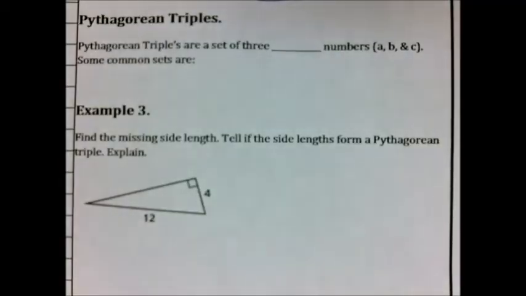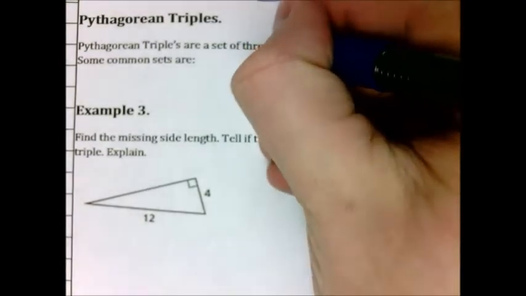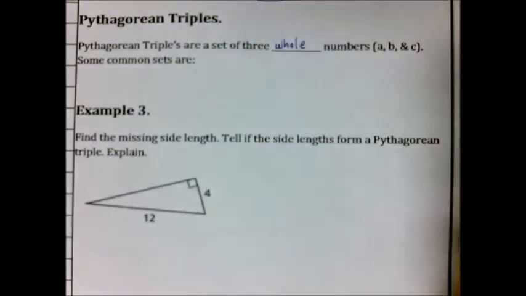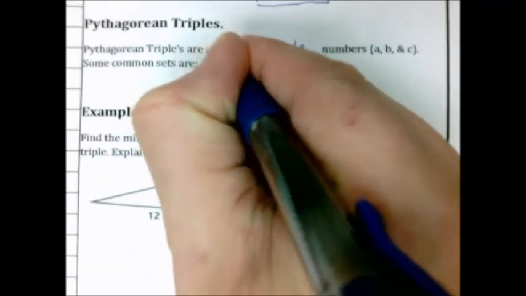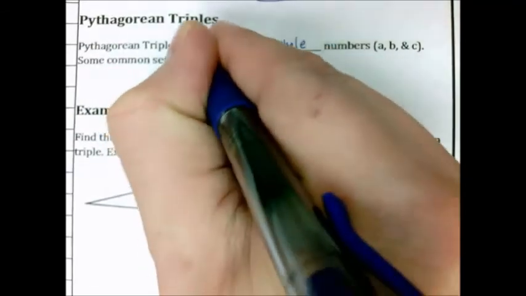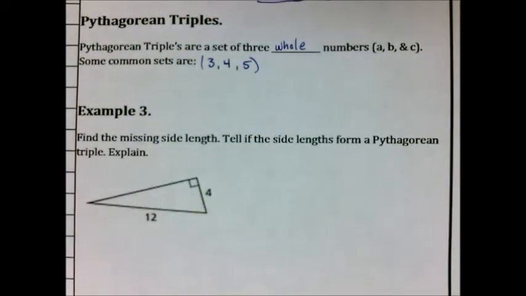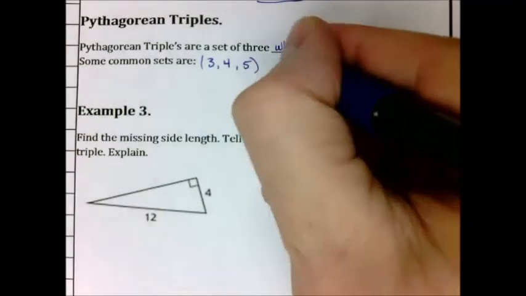Real quick, we're going to mention something about Pythagorean triples, and what those are is a set of 3 whole numbers. So your A, your B, and your C, when we're talking about Pythagorean theorem, are all going to be whole numbers. Let's talk about a few common sets real quick. A lot of the times we see the 3, 4, 5 Pythagorean triple. 3 squared plus 4 squared is equal to 5 squared, is what that means.